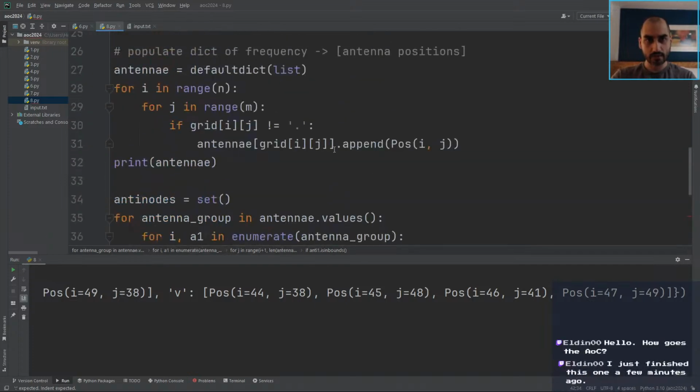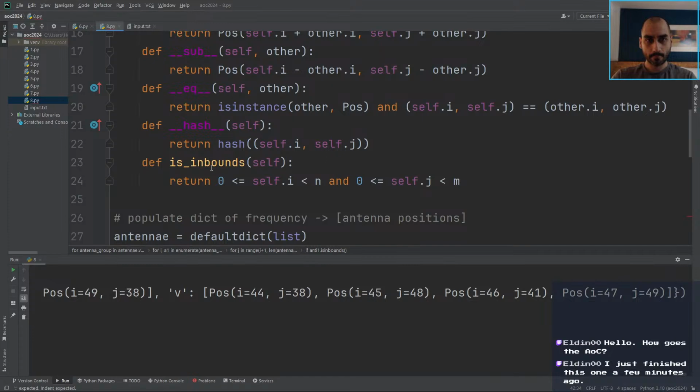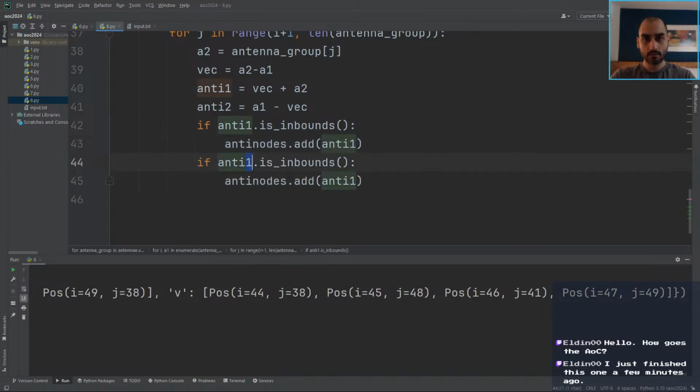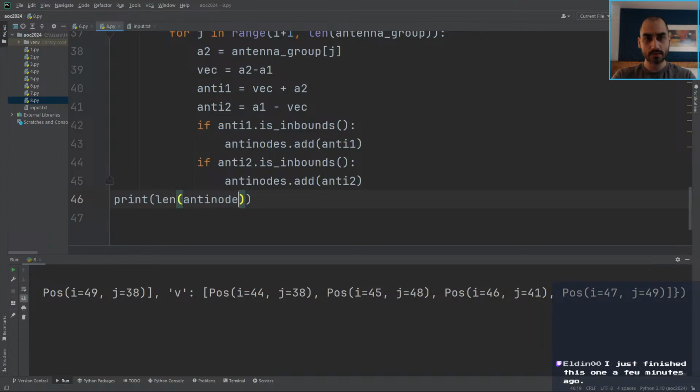Is that how we called it? Is underscore in bounds. Anti-nodes dot add anti1. Let's do the same for anti2. Print length of anti-nodes.